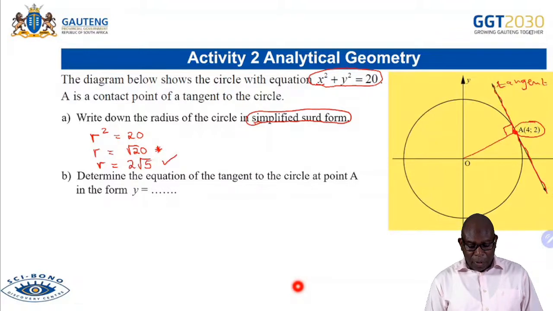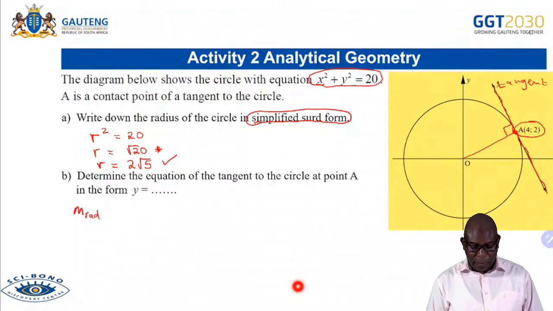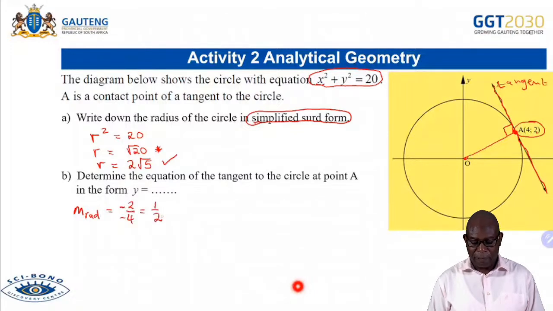Right. So now first we must get the gradient of the radius. The gradient of the radius is 0 minus 2, which is negative 2, divided by 0 minus 4, which is negative 4. So the gradient will be negative 2 over negative 4, which is going to be a half.